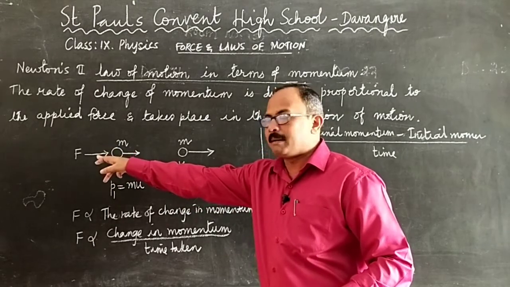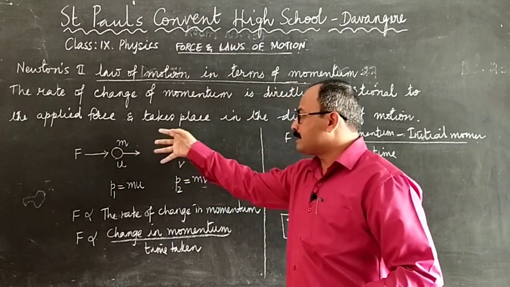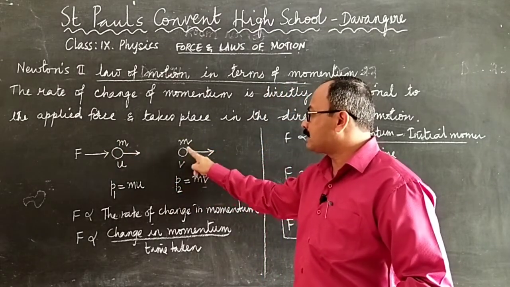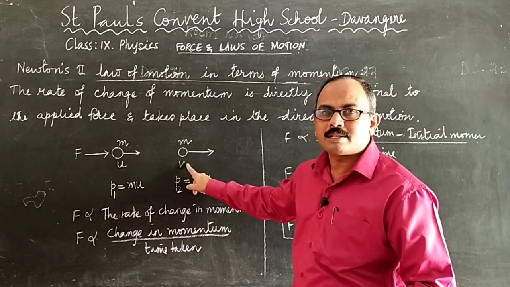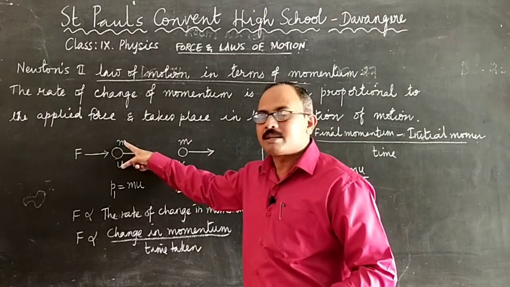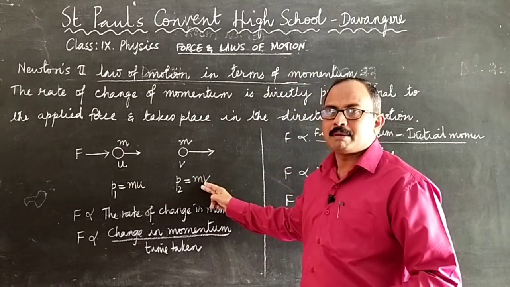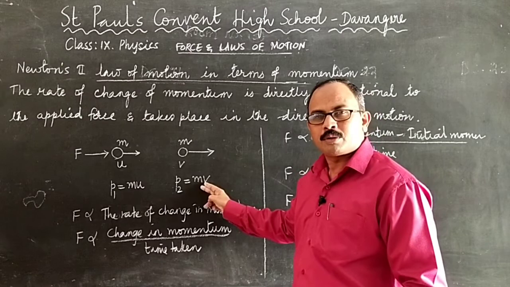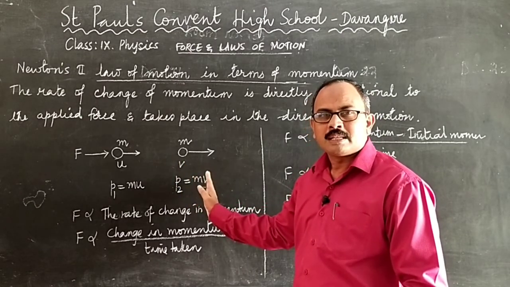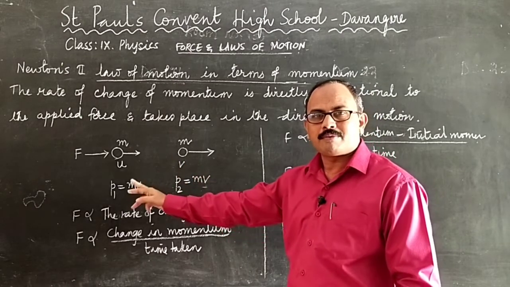When force is applied, its momentum changes. That means mass remains same, velocity changes. Therefore, its momentum is m into u, then its momentum is m into v. Momentum has changed. Therefore, change in momentum is directly proportional to the applied force.